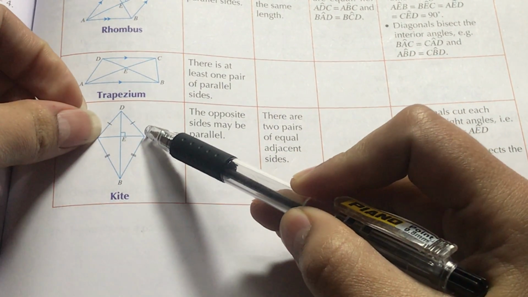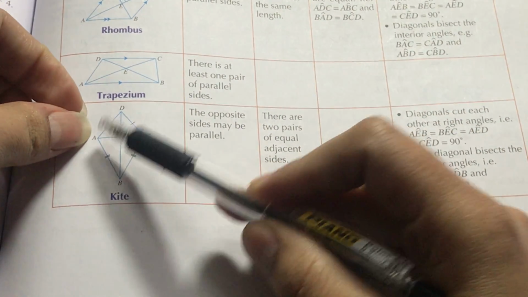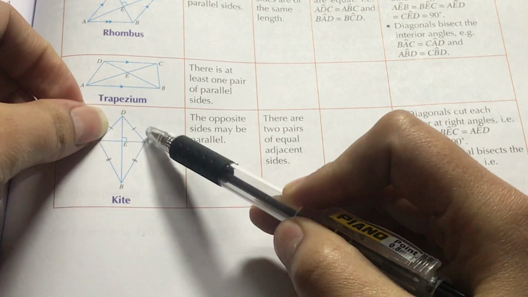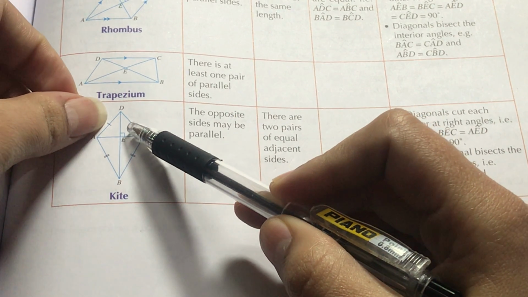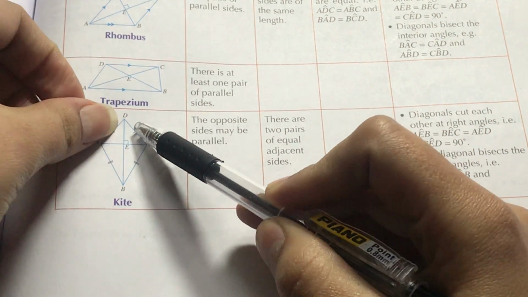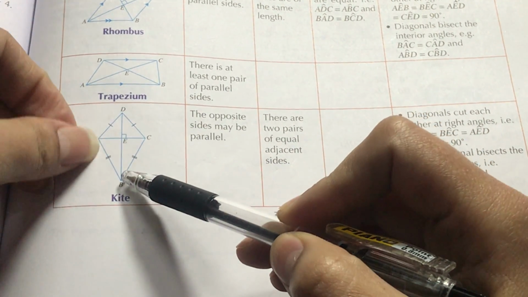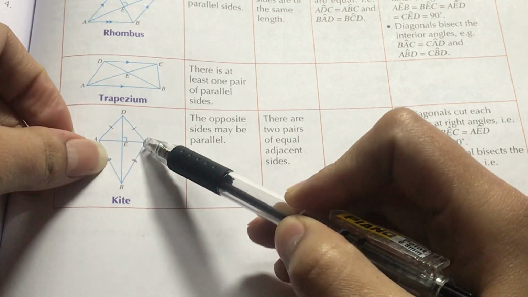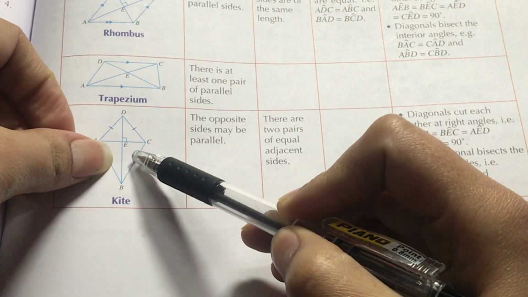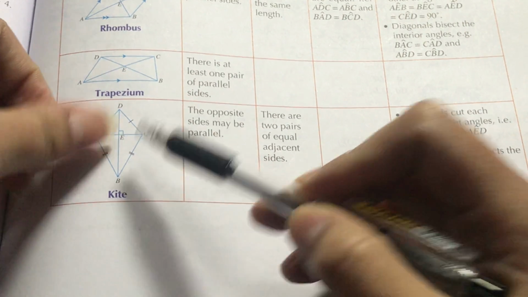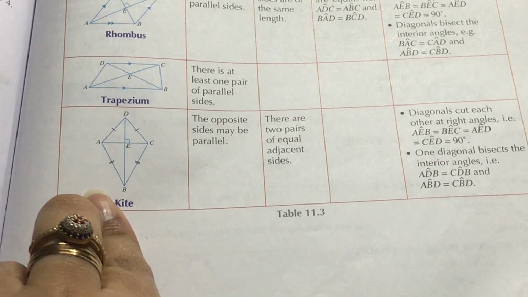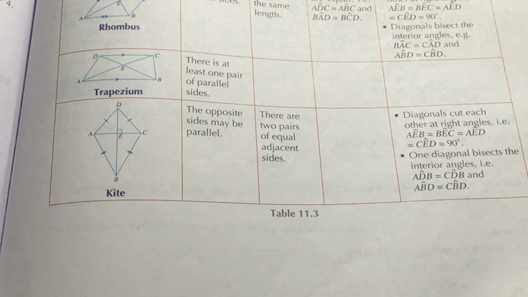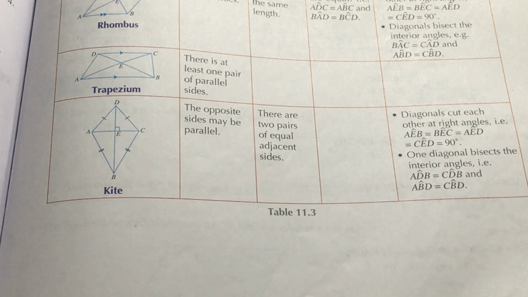So CD and DA, these two are the equal sides, so we have one pair. Then AB and BC, these two are the adjacent equal sides, and this is the second pair. So we have two pairs of equal adjacent sides, right?